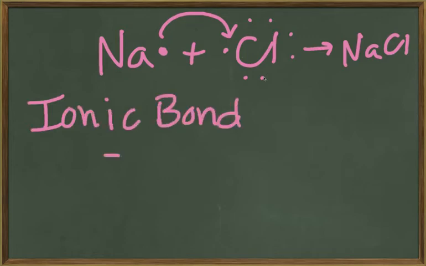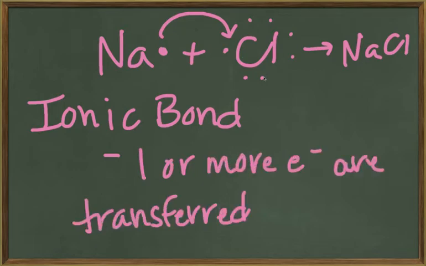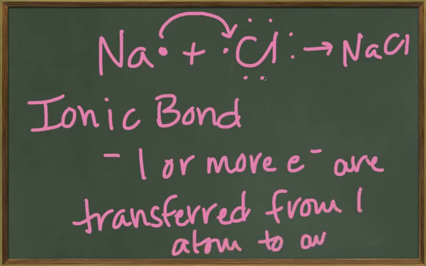Just as a definition, 1 or more electrons are transferred from one atom to another. They are given up. This is one type of chemical bond that can form when I try to make a molecule or a compound.